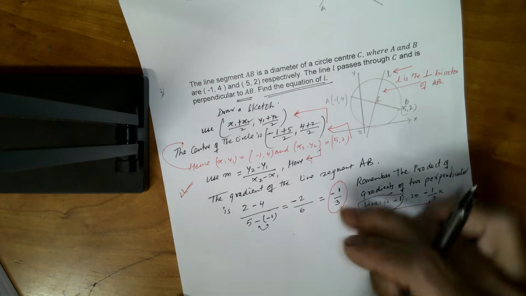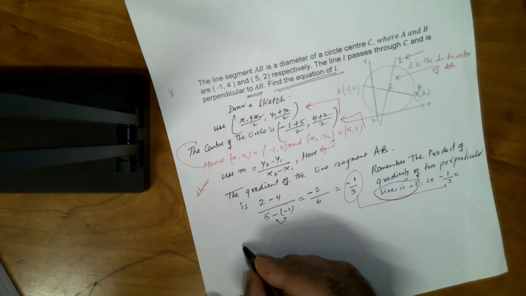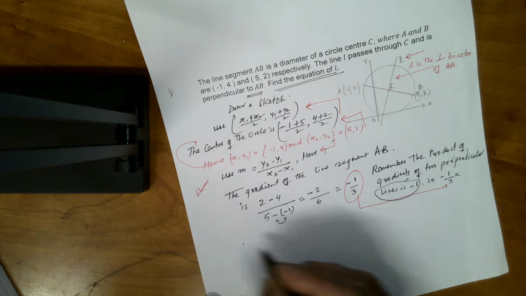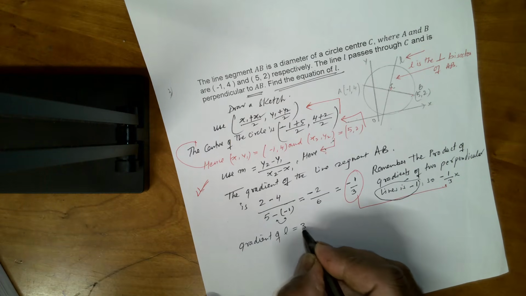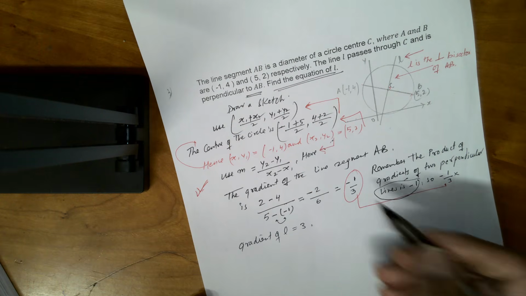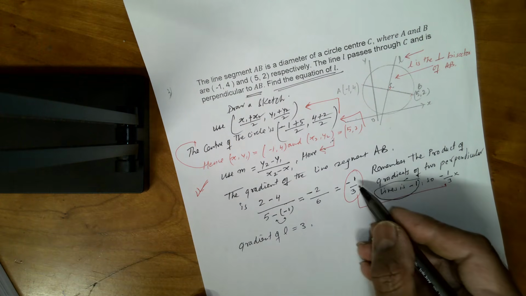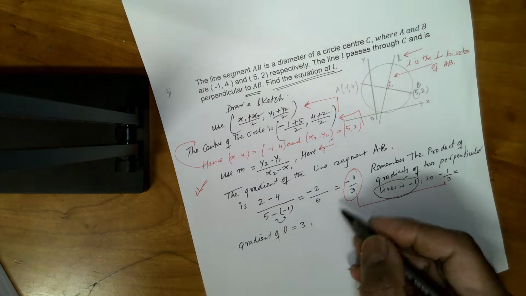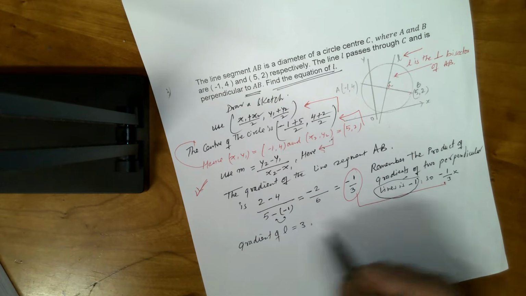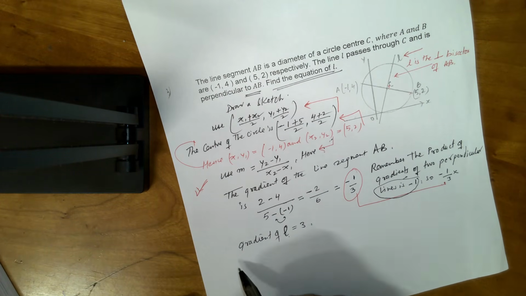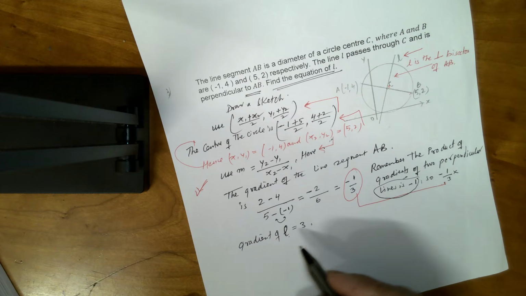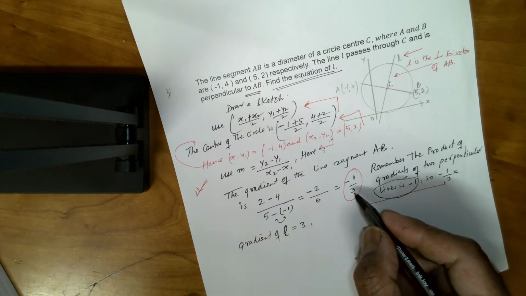So I write down here, the gradient of L is equal to 3. We got that from here, because it says, sorry, this is L, the perpendicular bisector.